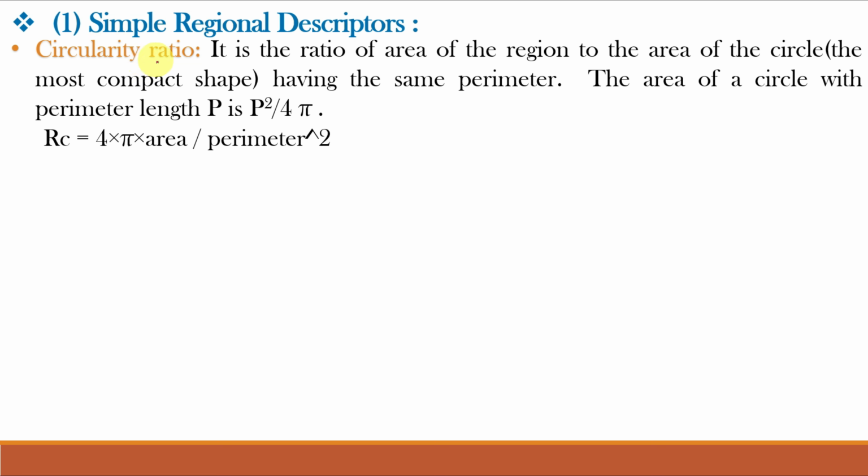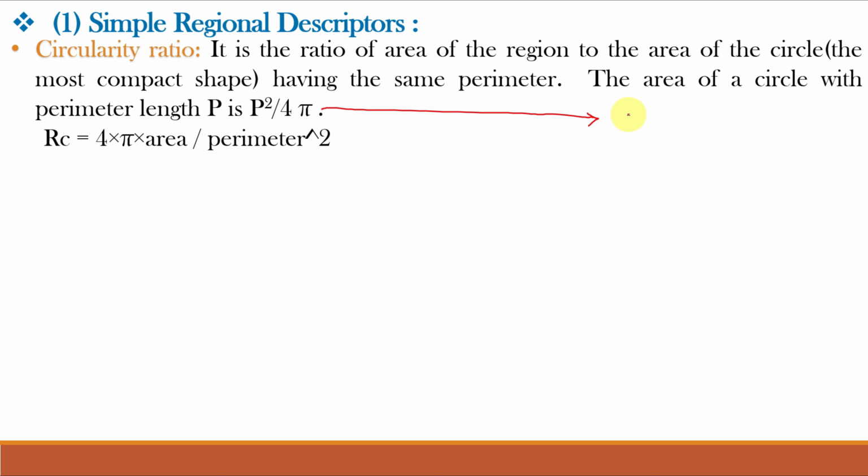Next is the circularity ratio. It is the ratio of area of the region to the area of the circle having the same perimeter. So the perimeter is the same. The area of the circle with perimeter length p is p square upon 4 pi. Then the circularity ratio is given by this equation. Let us first understand how this area of a circle with perimeter p is p square by 4 pi.